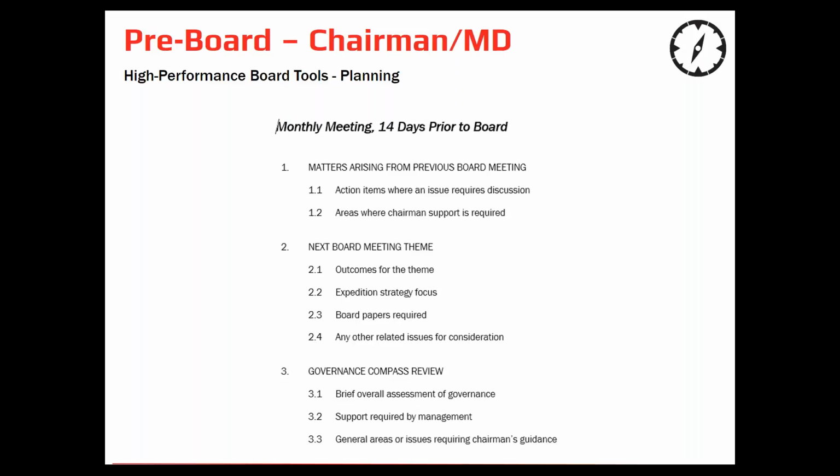So this is the managing director's opportunity to say this is where we need more support, and then any general areas or issues requiring the chairman's guidance. So this is a very important meeting for a managing director to really get support from the chairman and really ask those questions and engage and learn about good governance, about high performance boards, and for the chairman to really drive an agenda of planning through this meeting.